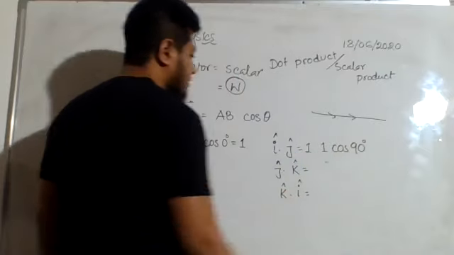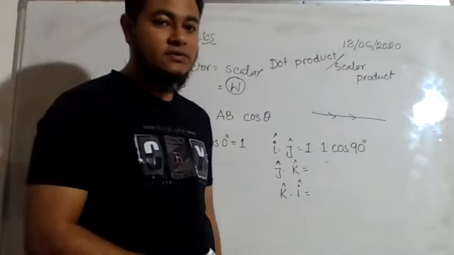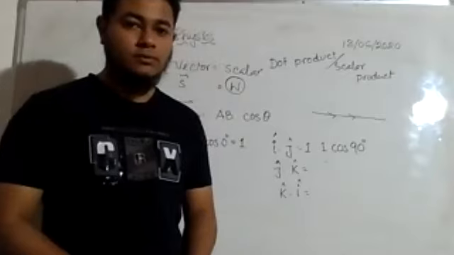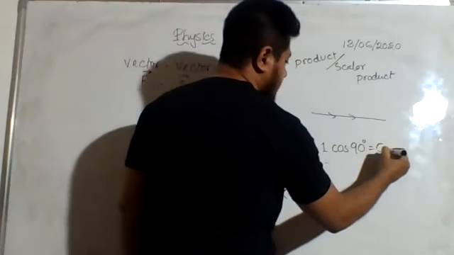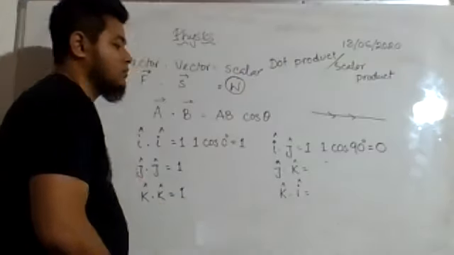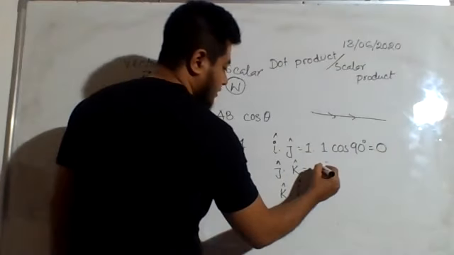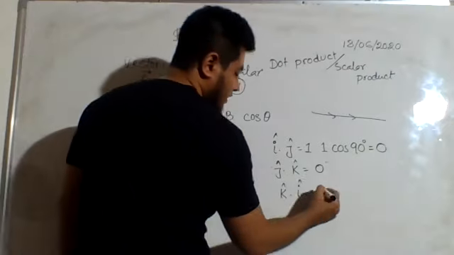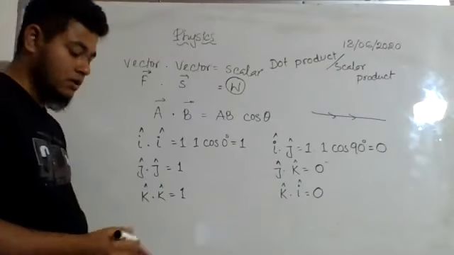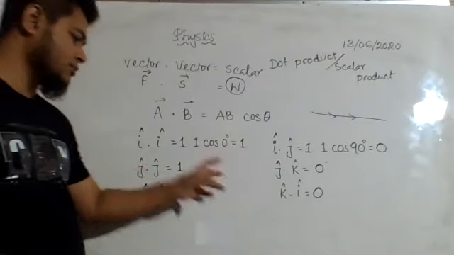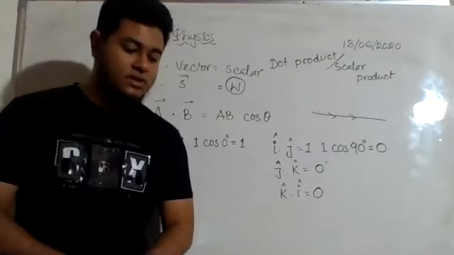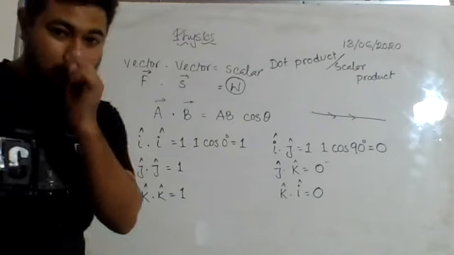What is the value of cos 90 degrees? 0, right. 0 into 1 into 1, you multiply anything with 0, the answer is going to be 0. Similarly, j dot k will also be 0, and k dot i will also be 0. So these are actually important, especially for MCQs, and also important for our calculation that we are going to see.